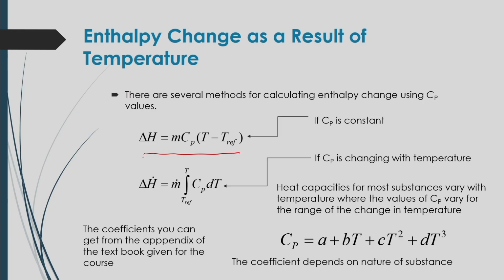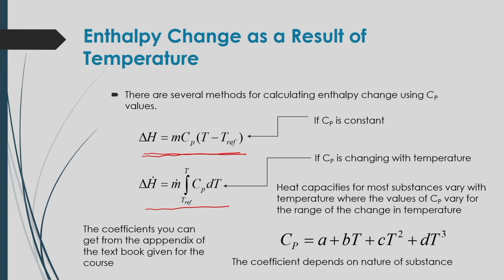Then you can easily calculate the enthalpy change based on this temperature change from its reference temperature. You can also express this in integral form: delta H dot equals m dot times the integral of Cp dT.